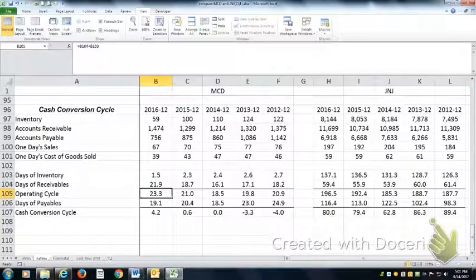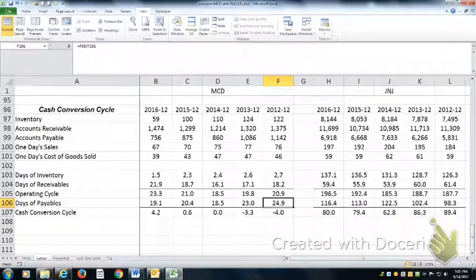Now, if you take accounts payable and divide that by 1 day's cost of goods sold, that's how long money is tied up in accounts payable. So what that means is McDonald's doesn't have a whole lot of money tied up in its working capital. All right, and it actually was negative in these days. That means that they collected the money from a sale in roughly 20.9 days, but didn't have to pay for the stuff that they sold for 24.9 days.